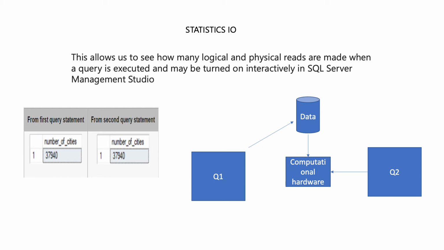Now, instead of running two different queries on the database twice, which consumes memory and computational power, let's take statistic input-output, which allows the second query to pull the data from memory to save computations of the system.